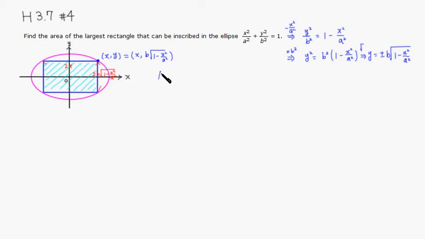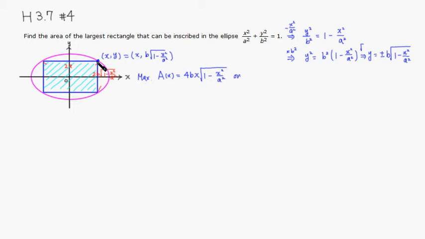So A of x is equal to 2x times that, so 2 times 2 is 4, then there's a b and the x, then you have the square root of 1 minus x squared over a squared. This is the area function, and we want to maximize this over an interval.